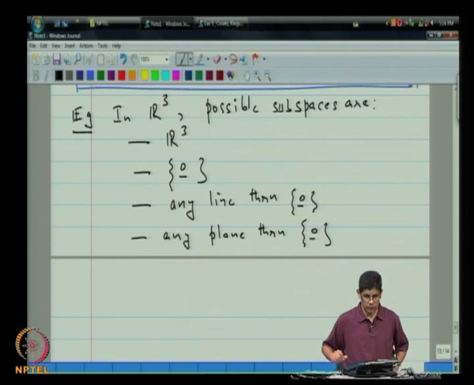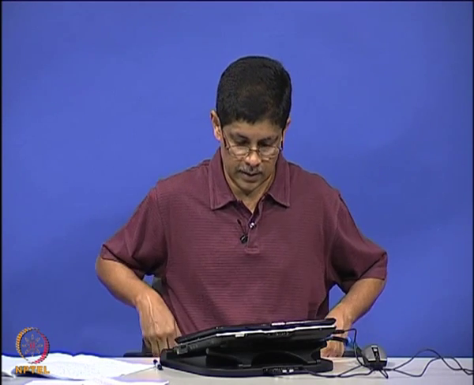Okay. So, these are the only possible subspaces of 3-dimensional space.